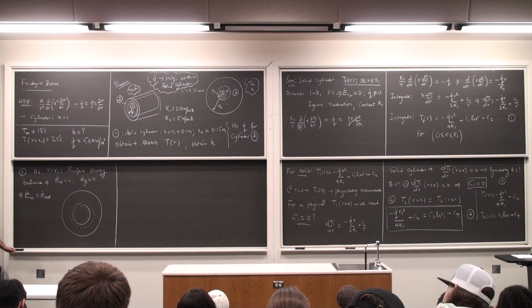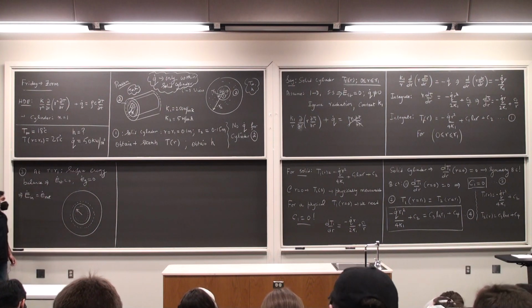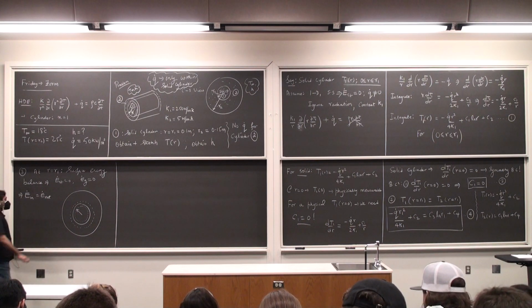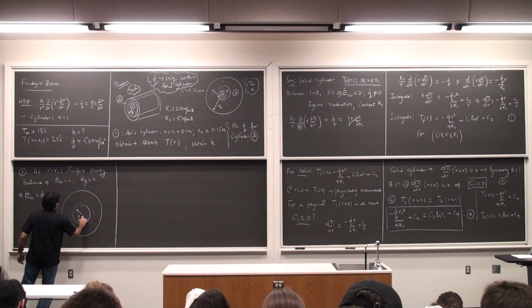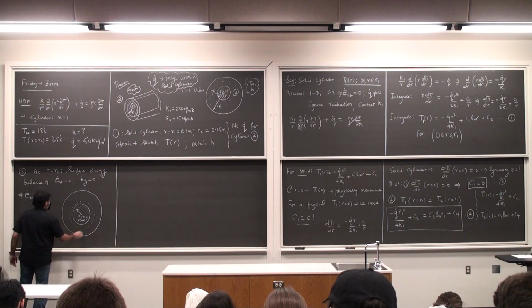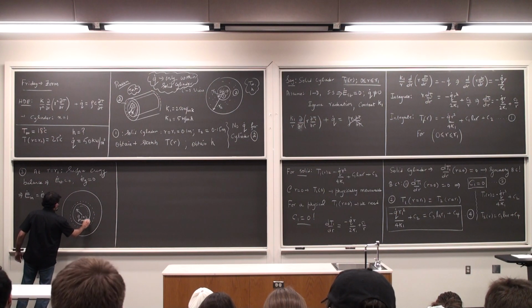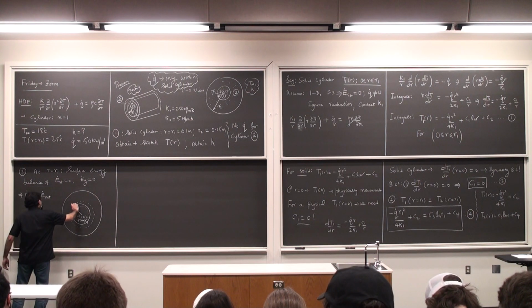Okay, so we can say that this is the rate of conductive heat transfer, so Q conduction at R1 for the material K1. I'm going to have a subscript there and I'll draw it out here too.